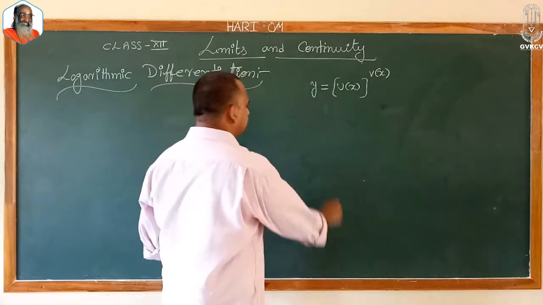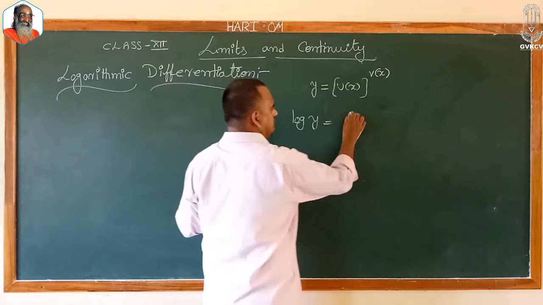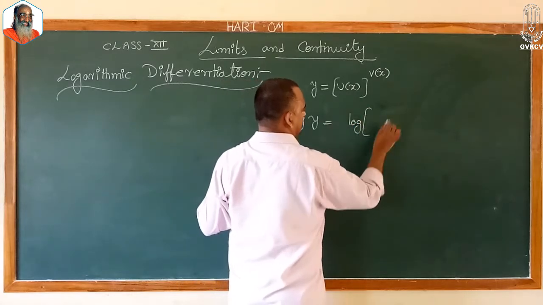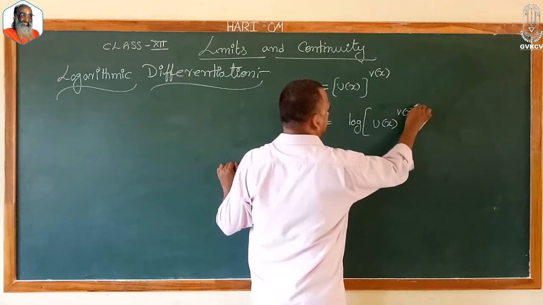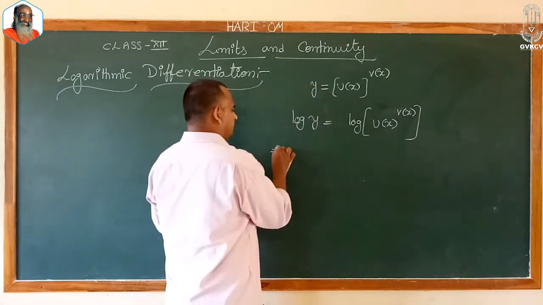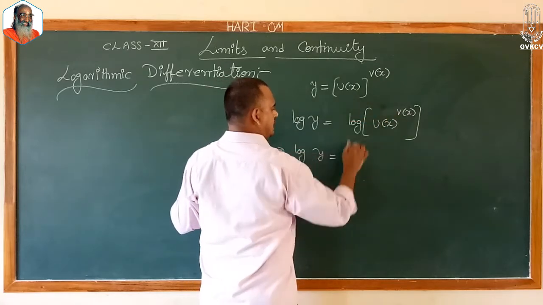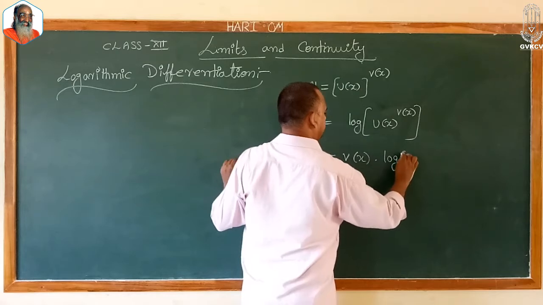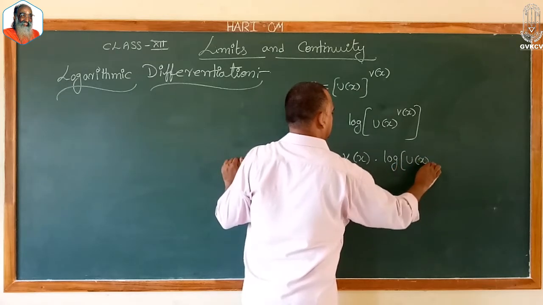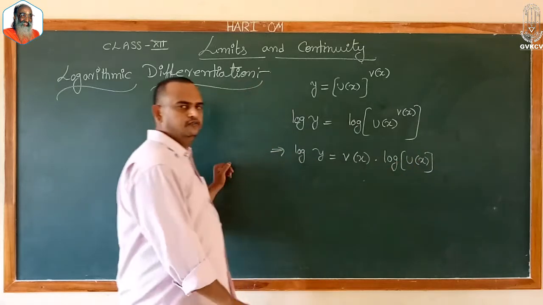For example, when we apply logarithm on both sides, I have log y is equal to log of u of x power v of x. Whenever we apply logarithm, the exponent comes as a coefficient. That we have a formula. Now it converted to v of x into log u of x.